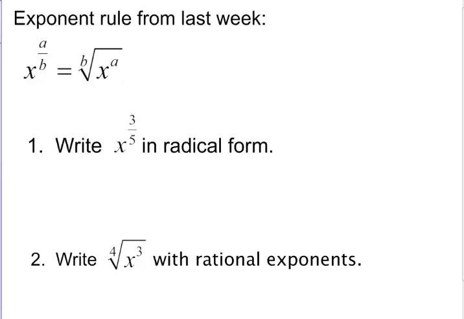So when we're doing these rewrites, from exponent to radical form, you're going to use this rule. I will only accept the 5th root of x to the 3rd power. Okay, so the exponent has to go inside. The bottom number here is your root, and then the top number is the exponent.